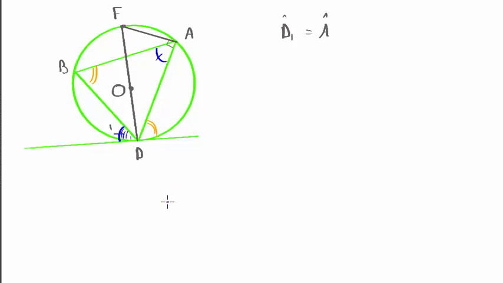What else have I just done by drawing this construction? The butterfly. You're right, the butterfly thing. This angle is equal to that angle. Notice, and what else?